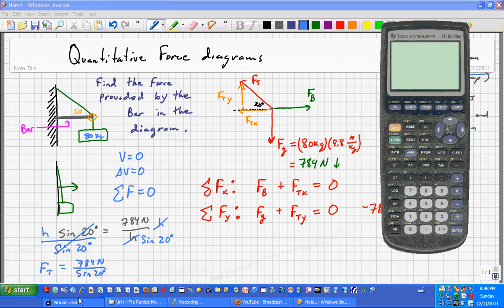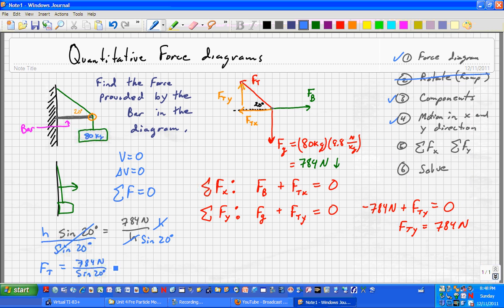So let's go ahead and calculate that. I've got 784 divided by sine 20, enter, and that's going to be 2,292. So it's 2,292 newtons.